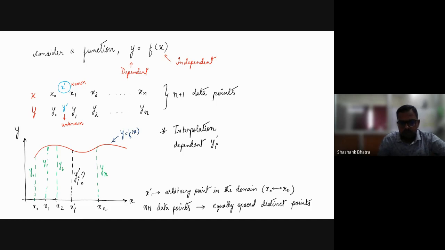So interpolation is a process for predicting the value of a dependent variable, which is your yi, at any arbitrarily chosen point, which is your xi, through the use of polynomials. So this is what interpolation means.